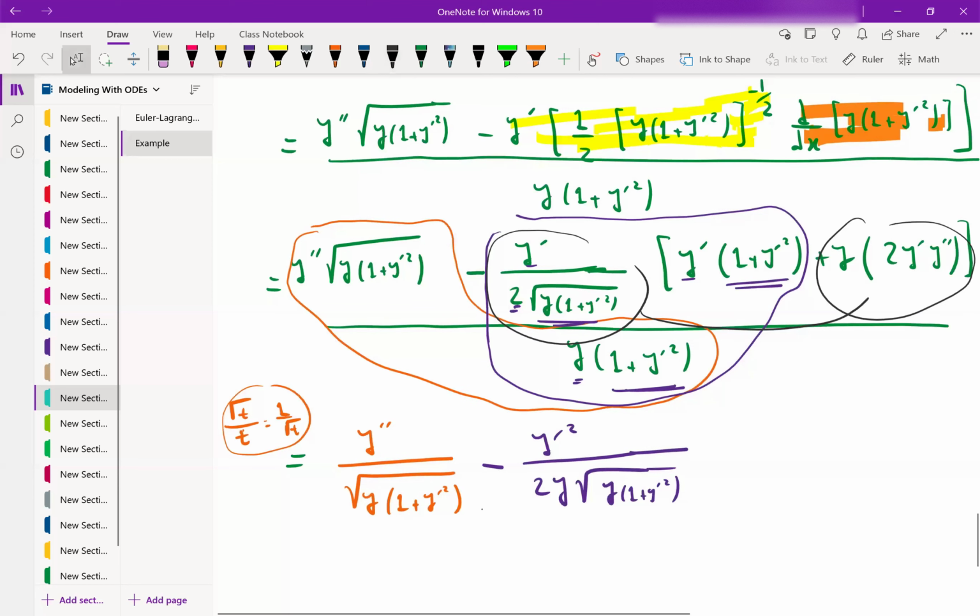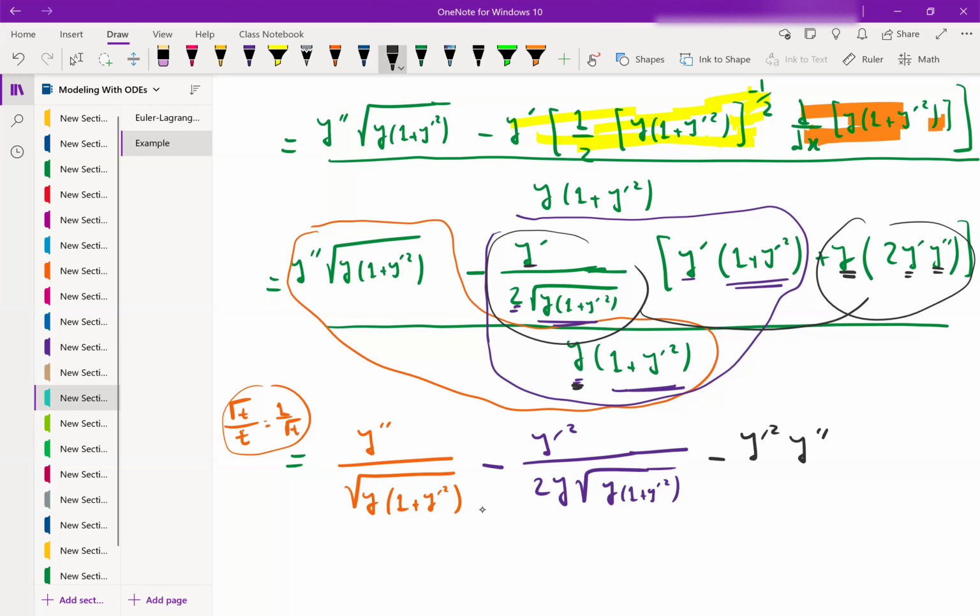And finally, what about this part? This part, I'm gonna have minus sign, and then we have y prime and y prime. That gives me y prime squared, and also I have a y double prime. That gives me y double prime. What about the y? The y here and the y on the bottom, they cancel each other.